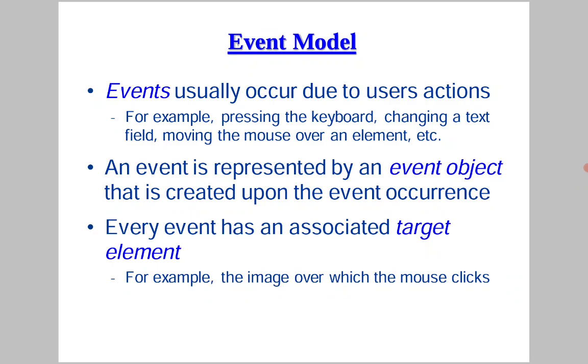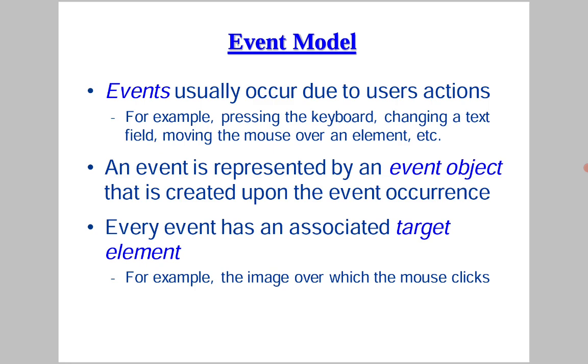Events usually occur due to user actions. Events are automatically raised due to user actions. What are user actions? Whenever you press the enter key on the keyboard, or press a button on the mouse.